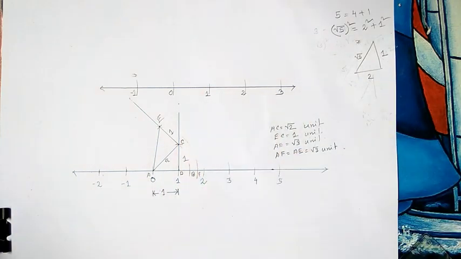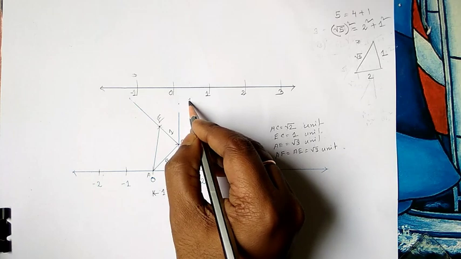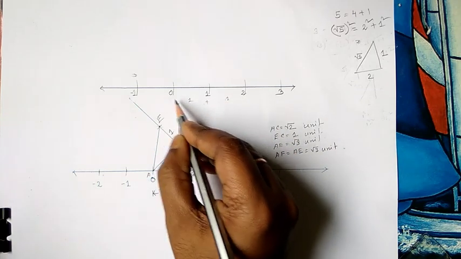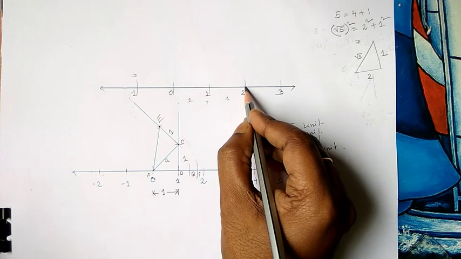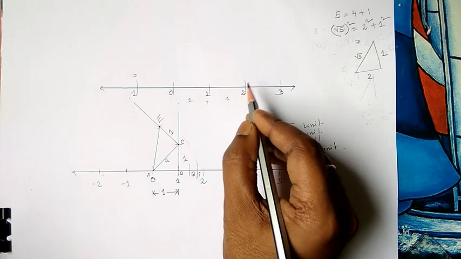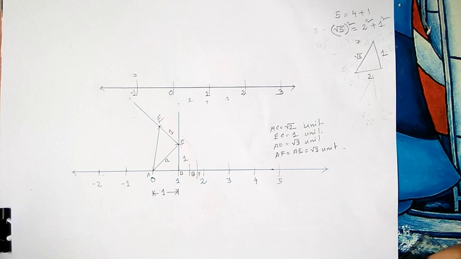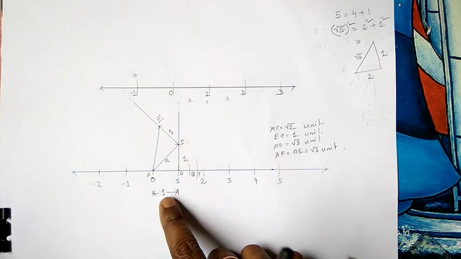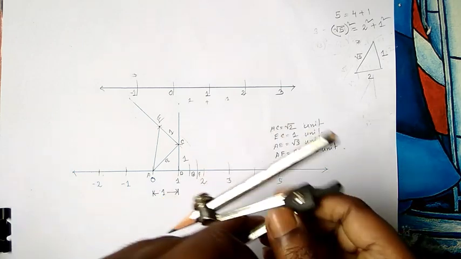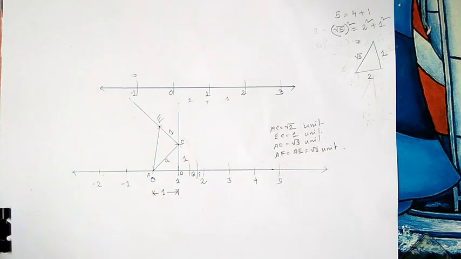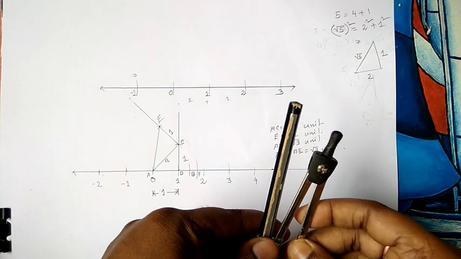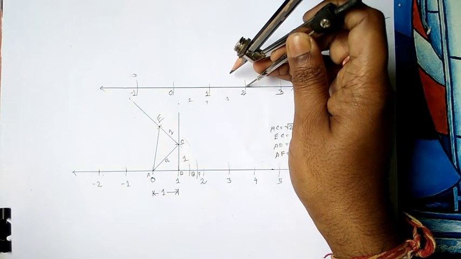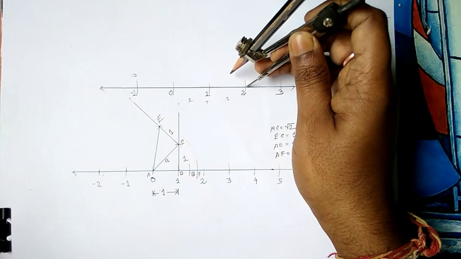2 units means what? Here to here 1 unit and here 1 unit, so 1 plus 1, 2. So I am going to draw a right angle triangle at this point. In the previous figure I have shown you by protractor. In this figure I am showing you by compass.